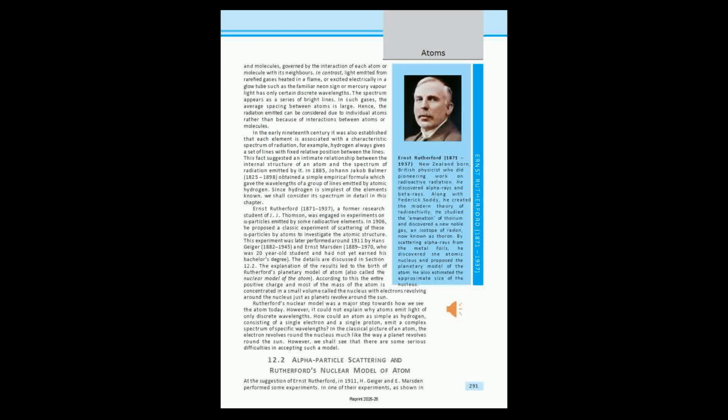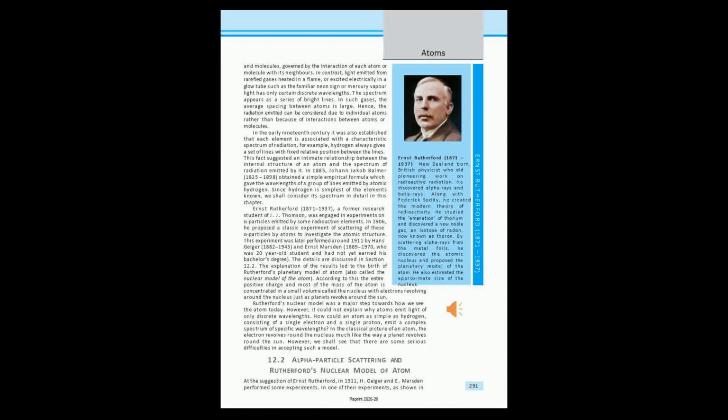In contrast, light emitted from rarefied gases heated in a flame, or excited electrically in a glow tube such as the familiar neon sign or mercury vapor light, has only certain discrete wavelengths. The spectrum appears as a series of bright lines. In such gases, the average spacing between atoms is large. Hence, the radiation emitted can be considered due to individual atoms rather than because of interactions between atoms or molecules.